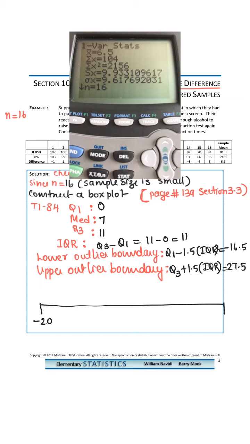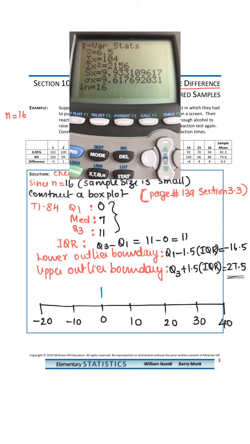So negative 20, negative 10, 0, 10, 20 and 30. We may not need that much. Now looking at these values, negative 16.5 and 27.5, that is the lower and upper outlier boundary. So I will start with these three pieces of information.